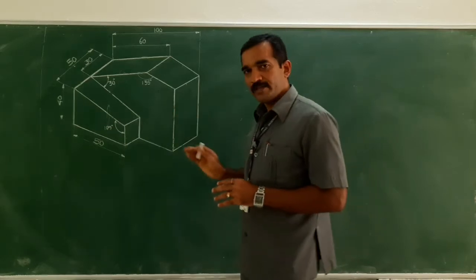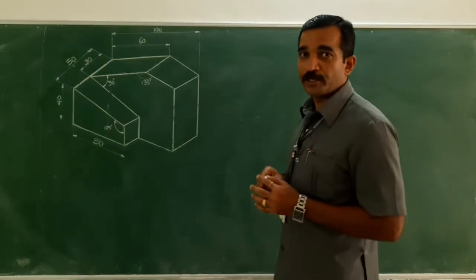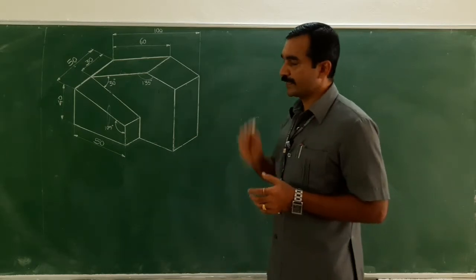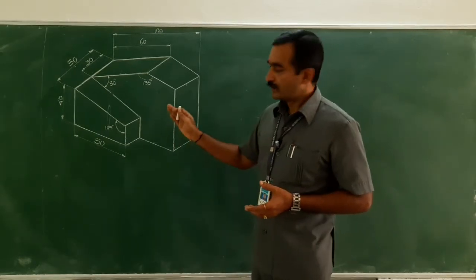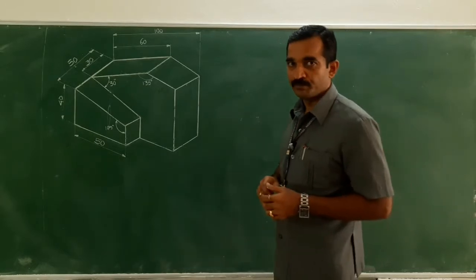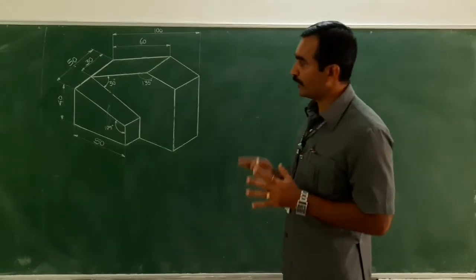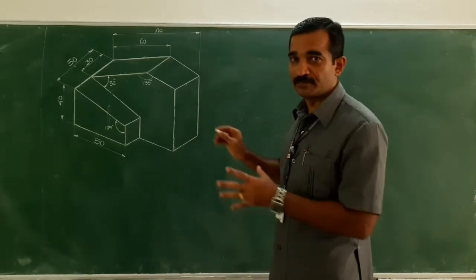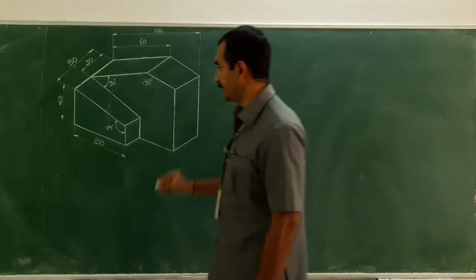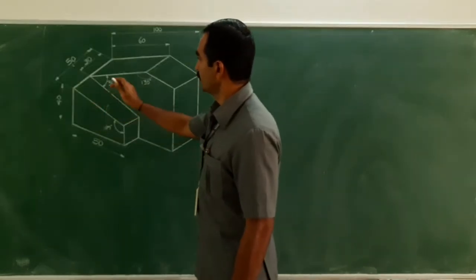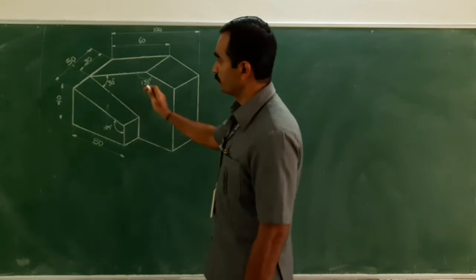To draw the front view, I need to have the direction of view. Here, as far as this diagram is concerned, the arrow is missing. So then how can I proceed? You should observe where you could get the maximum information from this picture or diagram. Here, as far as this direction is concerned, I could capture the maximum information.